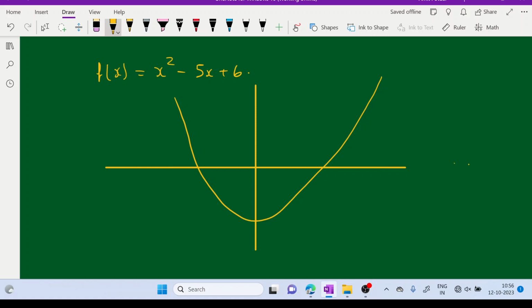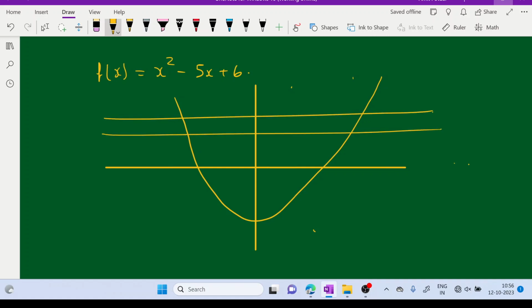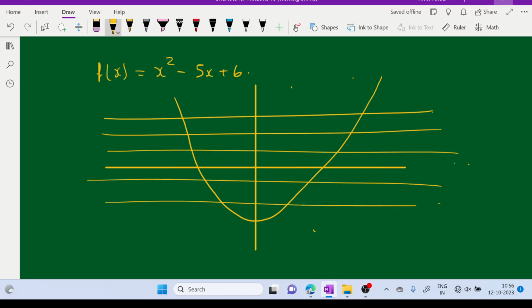Now, if you draw lines like this, or I'll rather go by another test which is easier. Instead of this test, we'll draw lines parallel to x-axis. Now you can see these lines are intersecting the graph in 2 points.